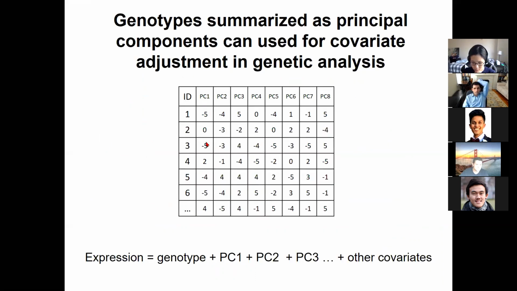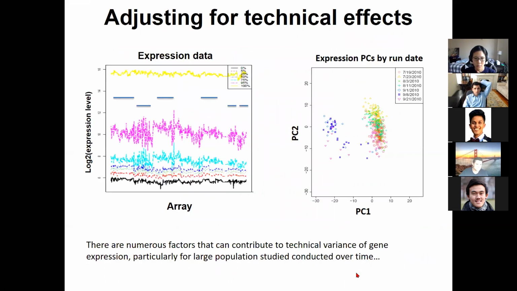So you can basically summarize not just your expression levels and remove expression-associated PCs, but you can also remove principal components of your genetic factors. So you basically have your expression as a function of your genotype, and of course, as a function of your principal components of overall genetic variation, plus all kinds of other covariates.